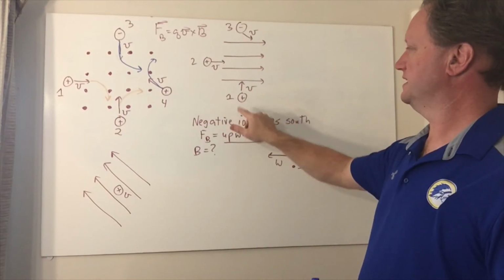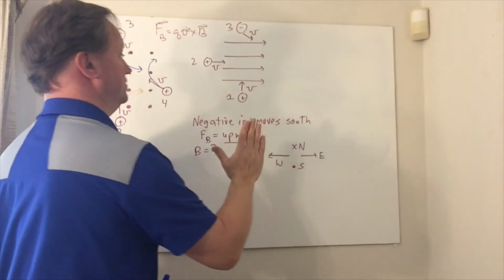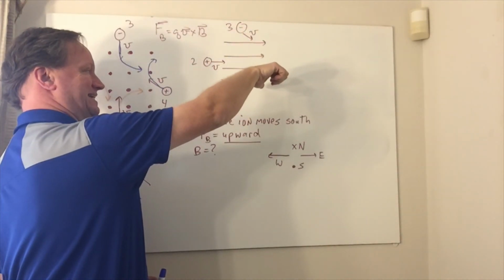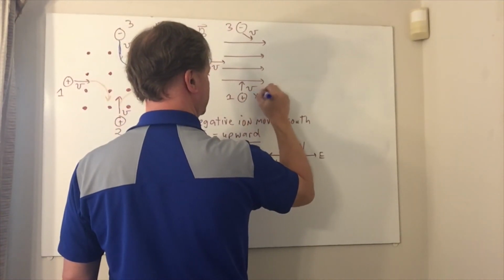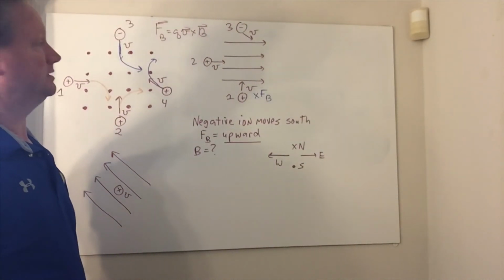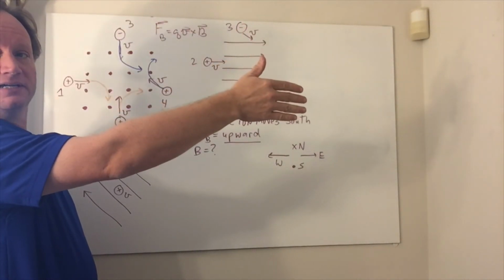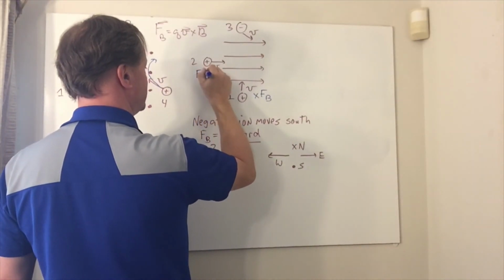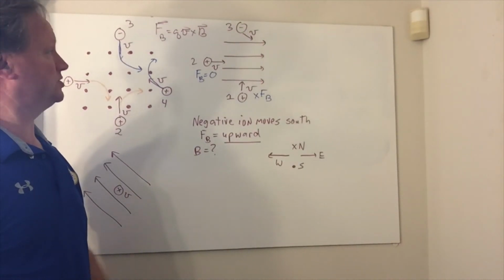Particle number 1, here's V. B is directed over in this direction, so then I can go V wrapped into B. My thumb points into the board, and so this force, I'm not going to try to draw circulation, that force is into, okay? Particle number 2, V cross B, they're in the same direction. This particle is going to experience 0 force because B and the velocity are in the same direction.